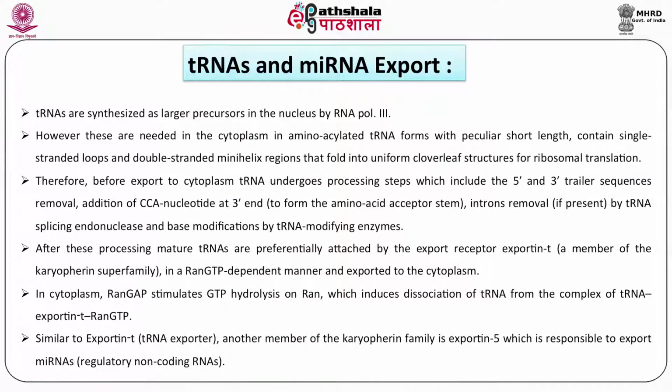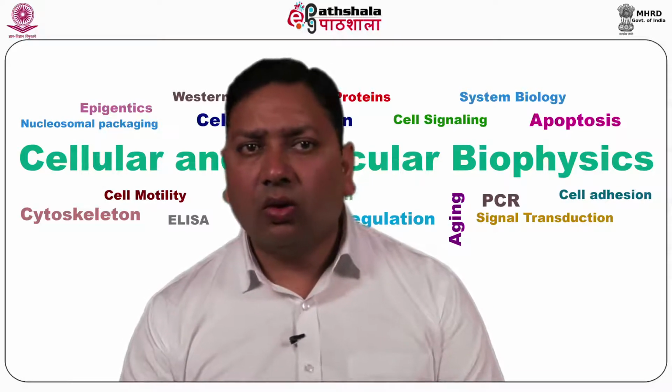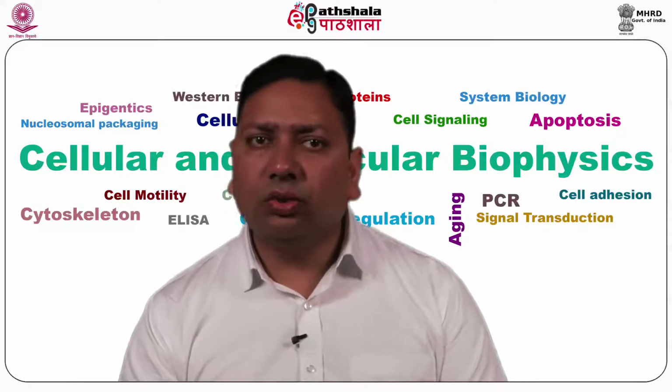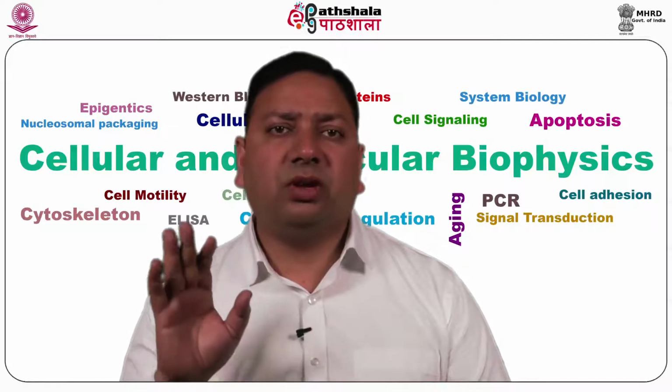After this processing, mature tRNAs are preferentially attached to an export receptor which is known as exportin-T. It is a member of the karyopherin family and exports tRNA to the cytoplasm in a Ran-GTP dependent manner. In the cytoplasm, Ran-GAP stimulates GTP hydrolysis on Ran, which induces dissociation of tRNA from the complex of tRNA, exportin-T and Ran-GTP.